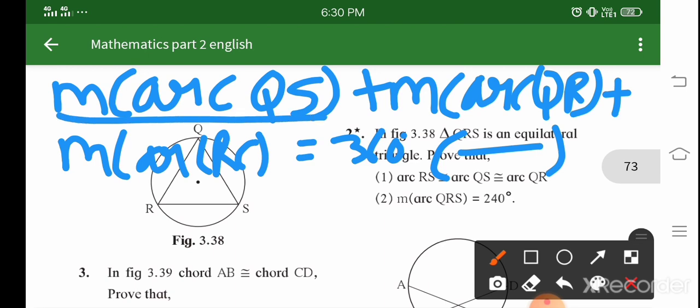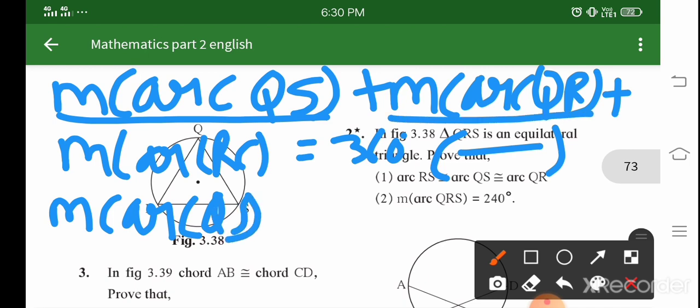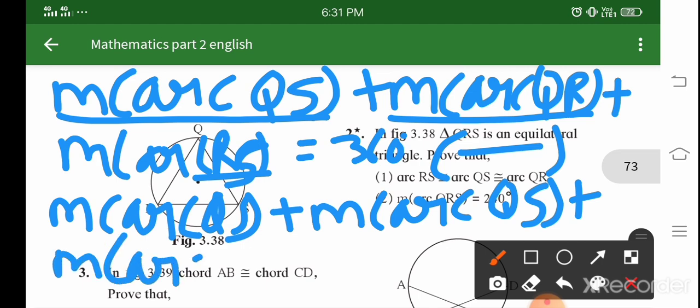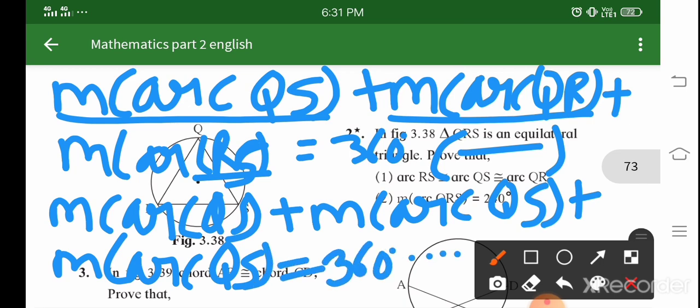So this is measure arc QS. Now for measure arc QR, we can substitute measure arc QS, because in the first condition we wrote that RS, QS and QR are congruent. Similarly, for RS also we can write measure arc QS. Here you specify the reason, from 1.